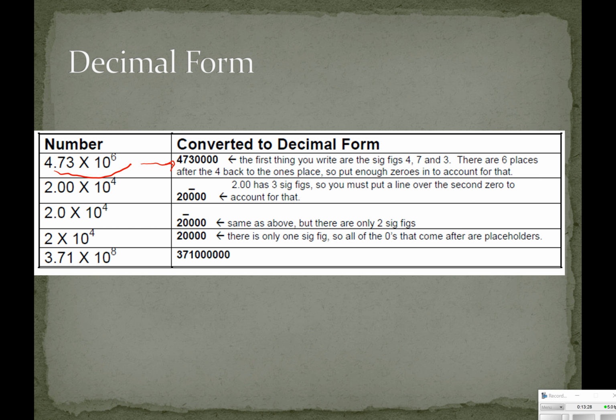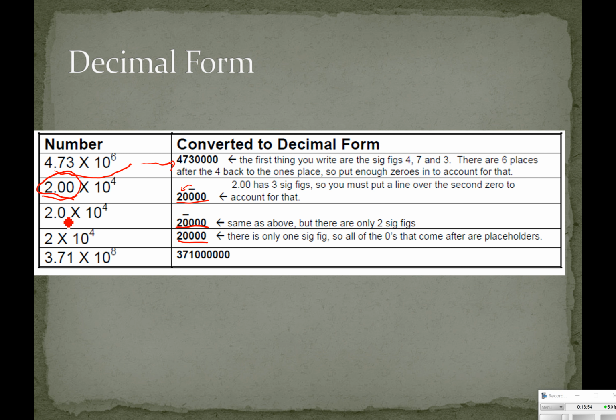These next 3 examples are all representing the same amount, 20,000. We have different amounts of precision in each one. 2.00 is telling us we have 3 sig figs. So we have to show that in our expanded number by putting the line above that middle 0, meaning that the 0 with the line above it and everything to the left is significant and therefore included in our number.